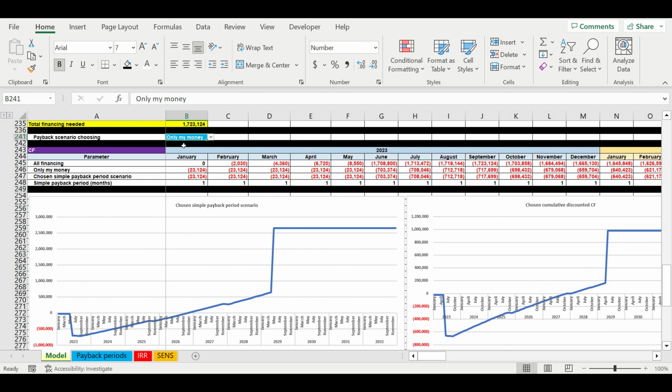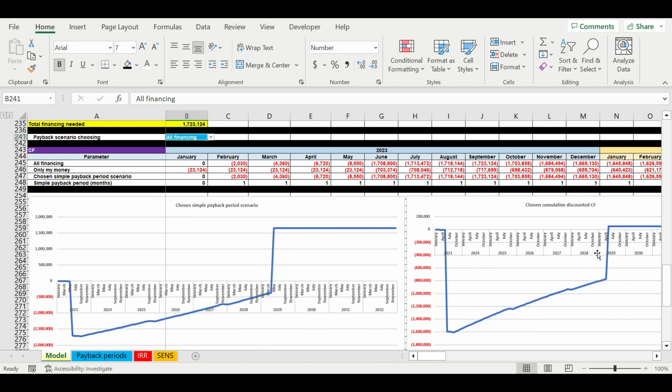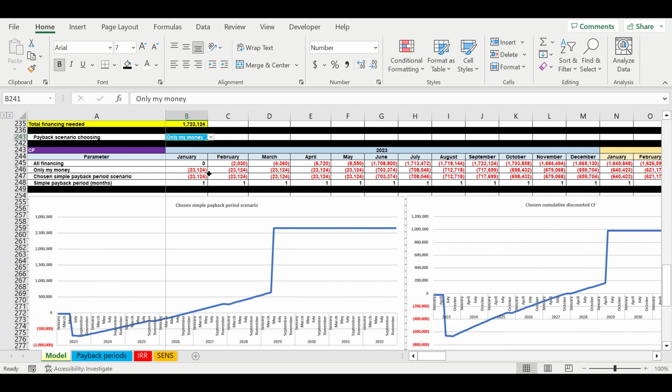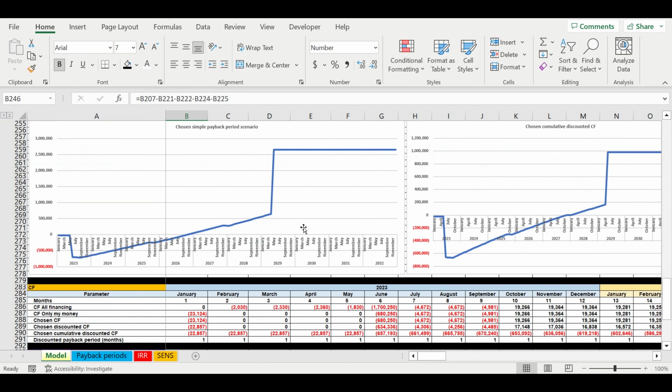So this is the payback period of the total financing of only your, for example, financing of this project, but we can, for example, switch to all financing needed. This will be another numbers, and you can switch between these two types of simple and discounted payback period diagrams.